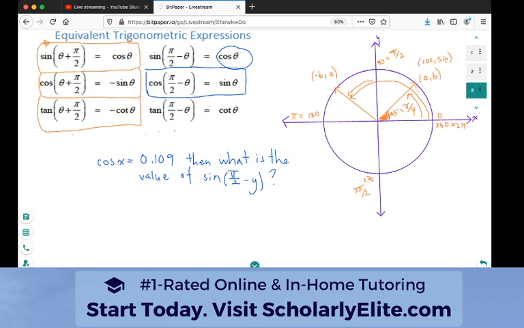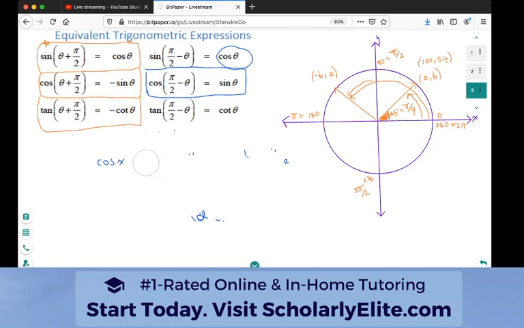Well, given that that is our equivalent expression, then we know that sine of pi by 2 minus y is equal to 0.109. Simple as that. Okay, guys, so that's kind of just to illustrate the point of what we're talking about here.